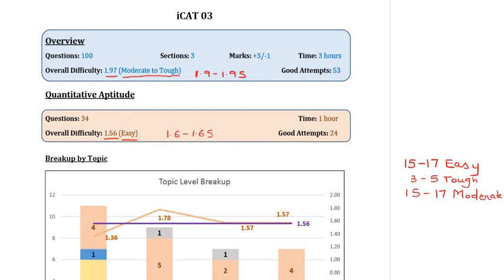That's one. The other important thing is that most faculty will agree that you need to have at least 20 plus attempts in order to clear the sectional cutoff for a standard CAT section. Quant.